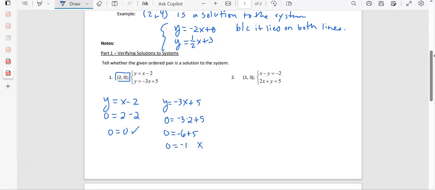So it does not. So no, (2, 0) is not a solution to the system. It doesn't satisfy both. Okay, let's try the next one. Let's try (1, 3).